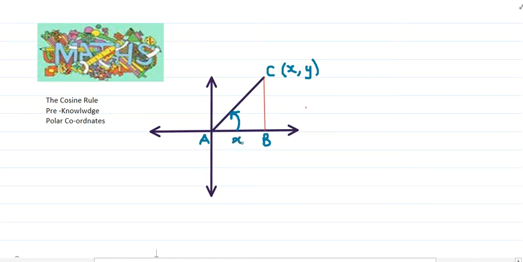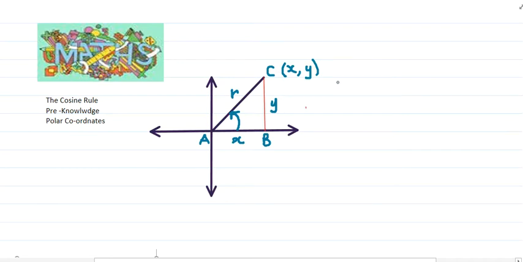We know that this side is X and that side is Y, and we know that this is our hypotenuse, which is AC. Now we can also call this side AC R, as the radius.